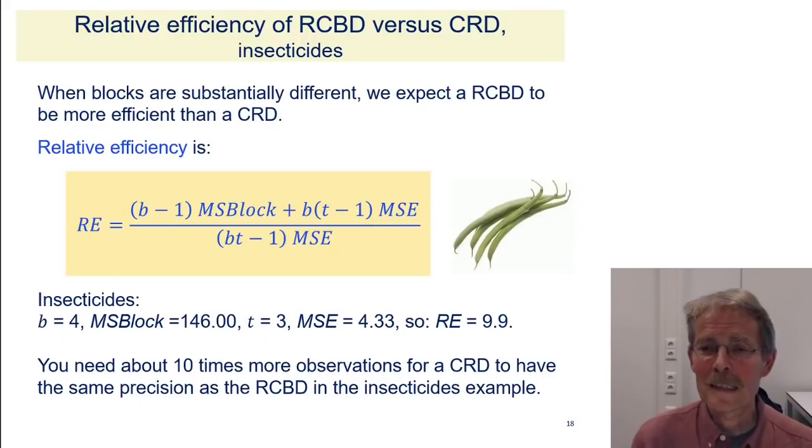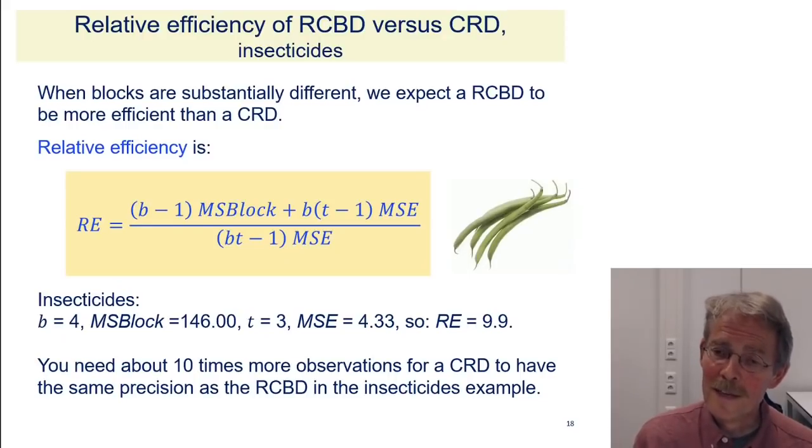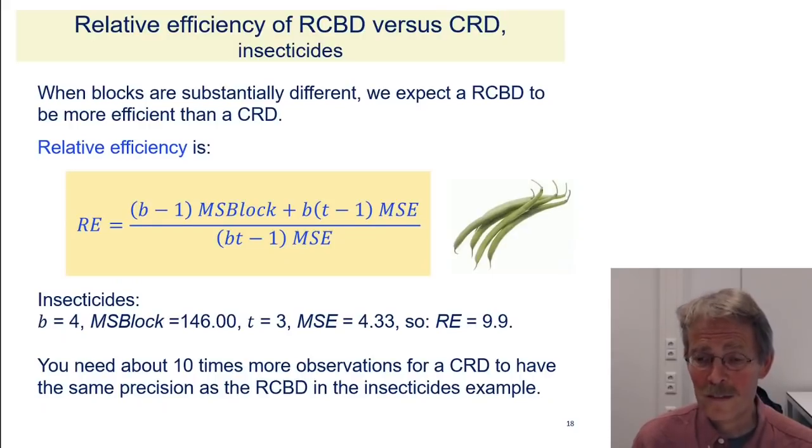So with blocking, your comparison becomes 10 times as accurate, or if you like, with blocking, to get the same accuracy as with a completely randomized design, you need only 10% of the amount of observations you need for a completely randomized design.